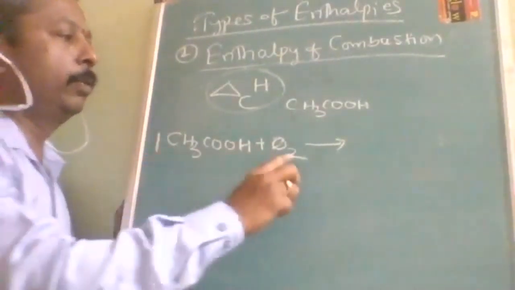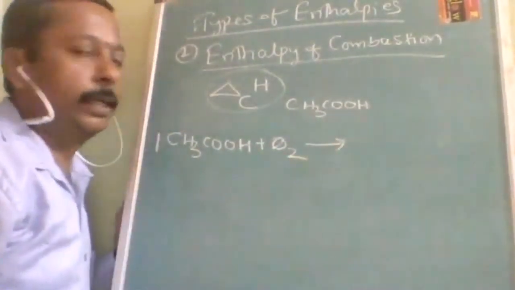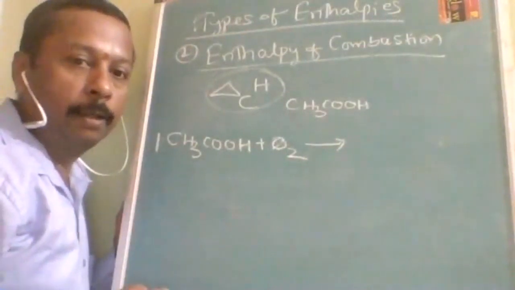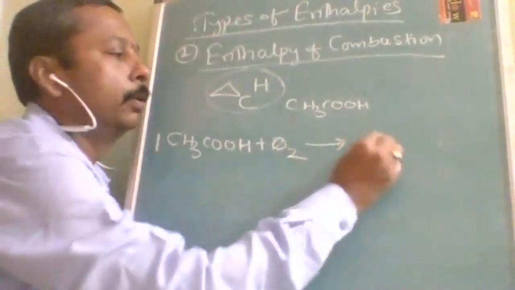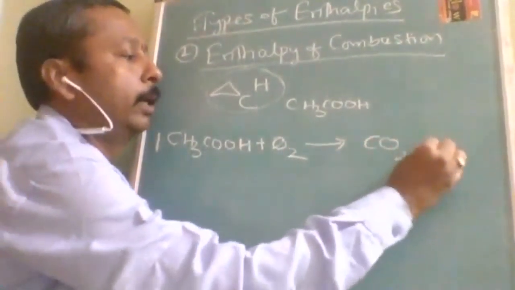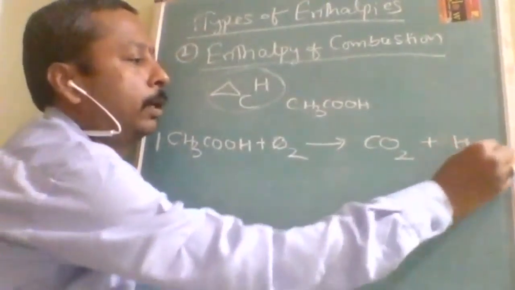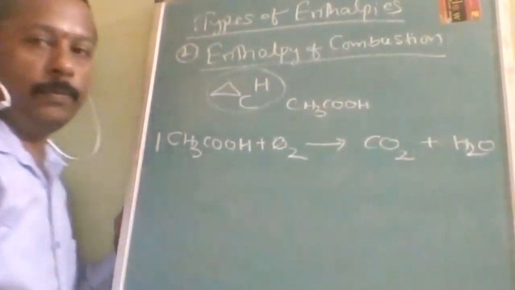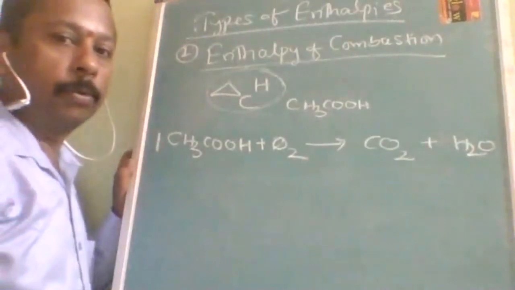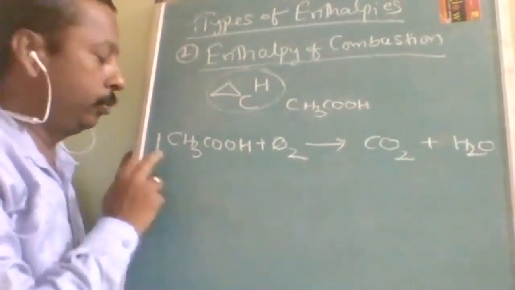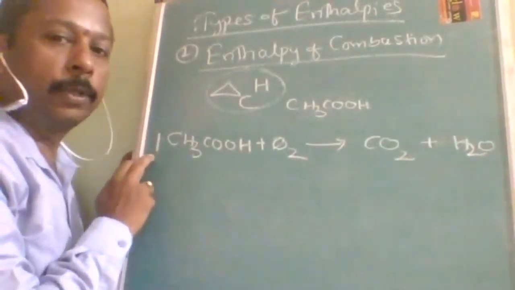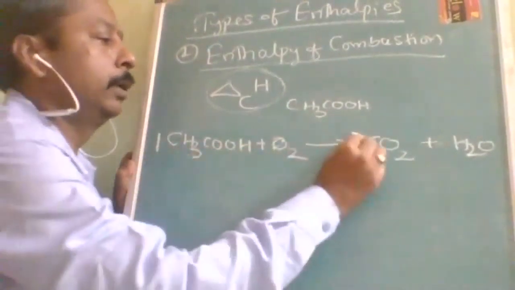To keep this at 1 mole, you can do anything on the right hand side; you can keep them in fractions. Understood? Normally any hydrocarbon and its derivative, when undergoing oxidation, will give CO2 and H2O. While balancing, you should not change this value. Two carbons are there, so two CO2.